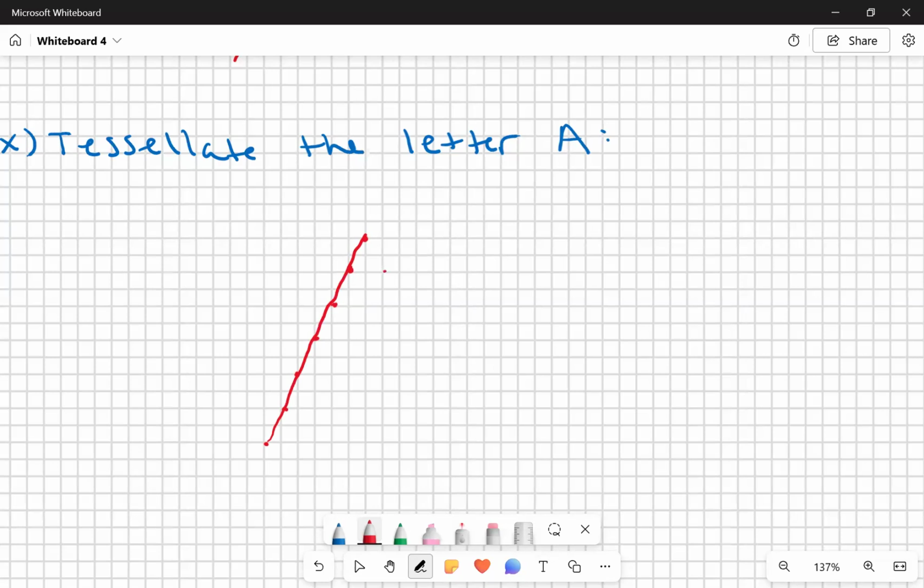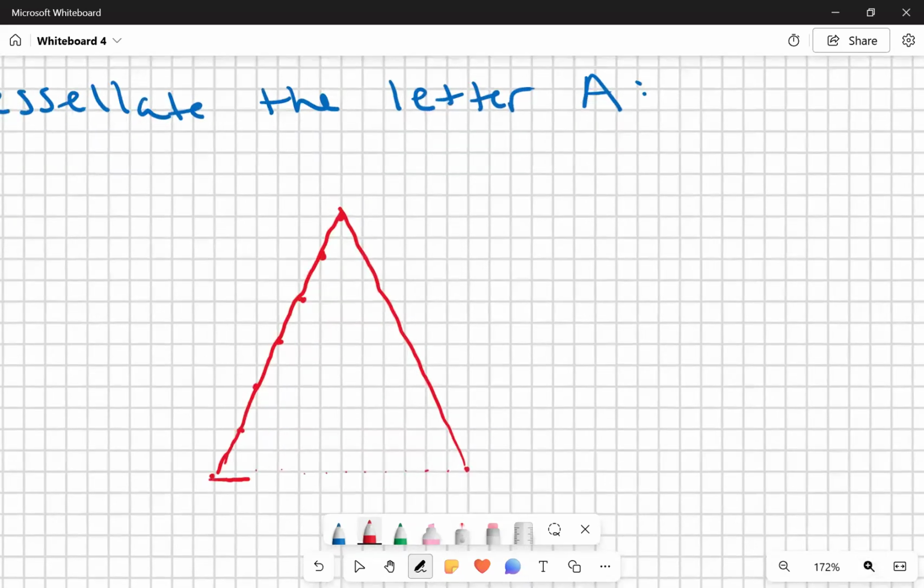I'm going to try 1, 2, 3, 4, 5, 6. Draw it on the other side. Got the dots. All right, there we go. Then I'm going to draw the bottom. It's being fussy, sorry, because I'm trying to draw it a little too zoomed out. There we go. That might help a bit.